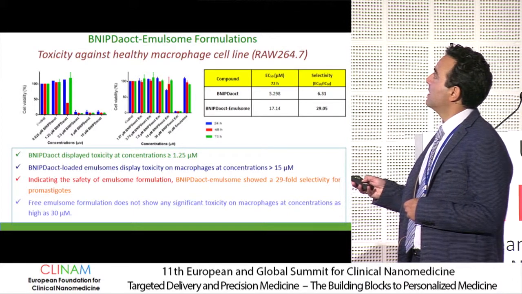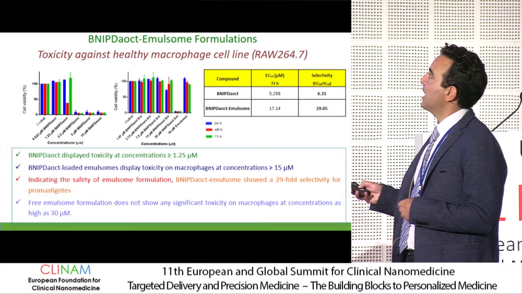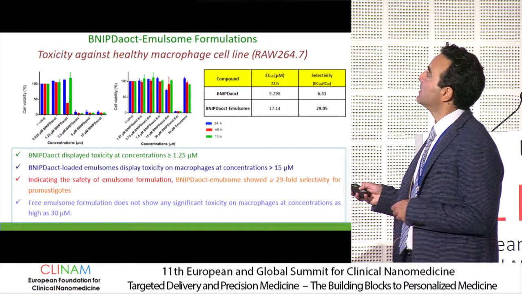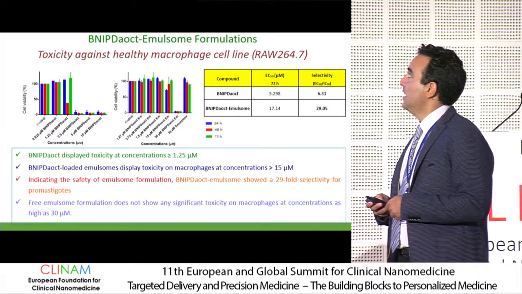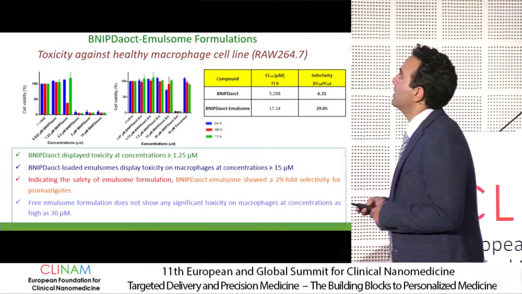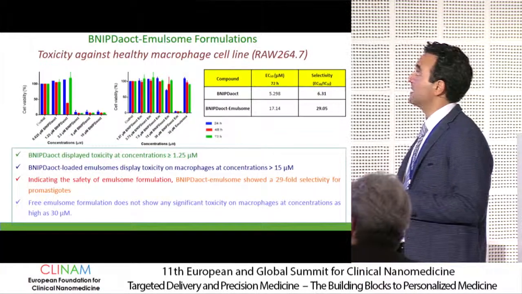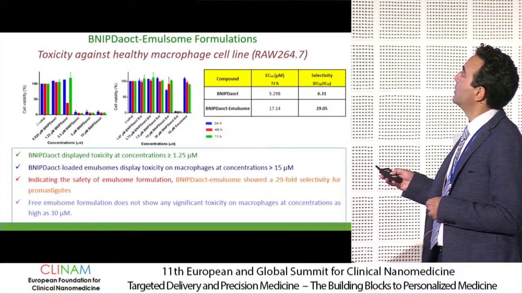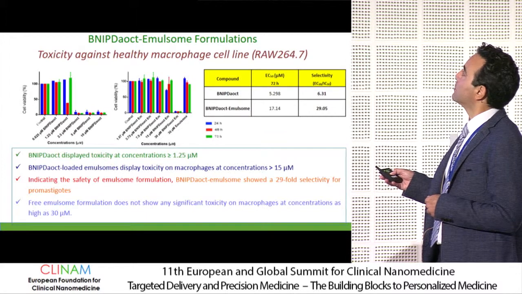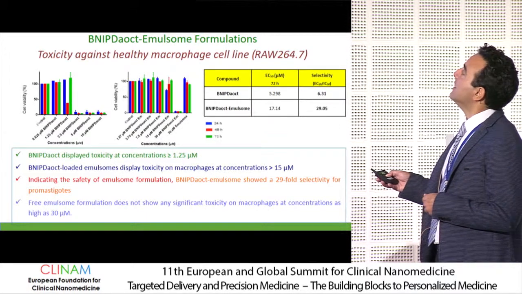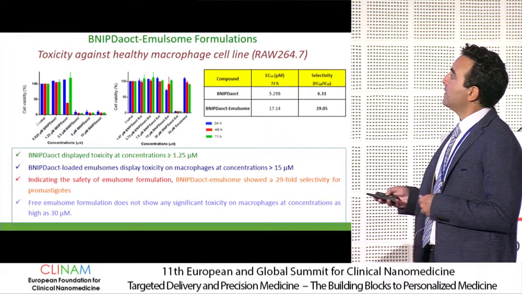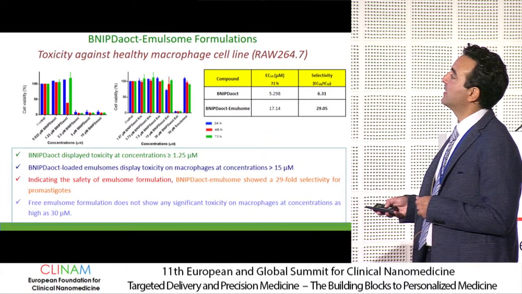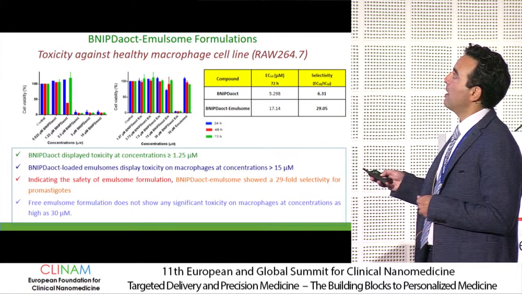The EC50 value obtained for BNIP DAOCT was 5.3 micromolar, whereas it became 17.1 micromolar. So by only looking at these EC50 values and the effectivity against promastigotes, we can see that the selectivity of BNIP DAOCT, which was calculated as 6.3, has been increased to nearly 30. And the free emulsion formulation does not show any significant toxicity on macrophages at all, even at high concentrations such as 30 micromolar.